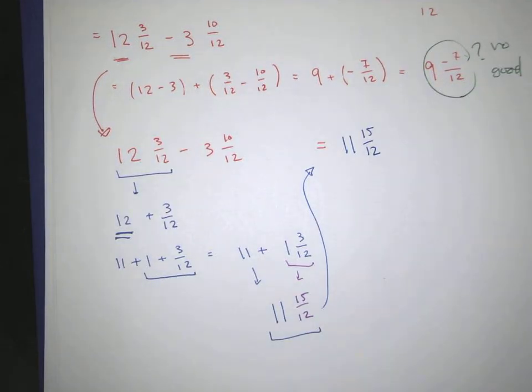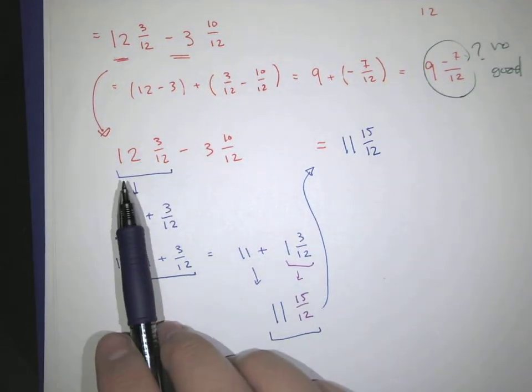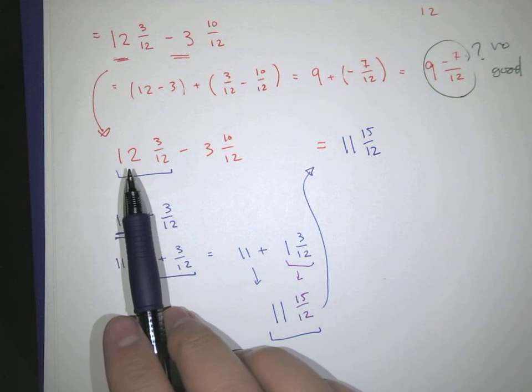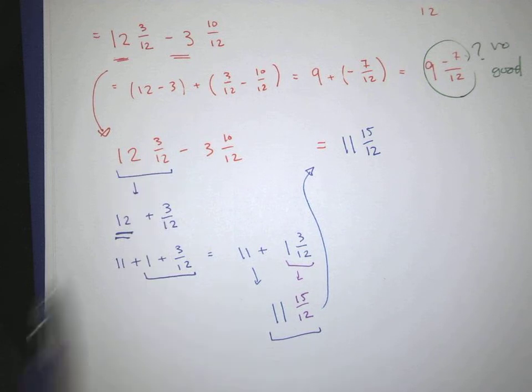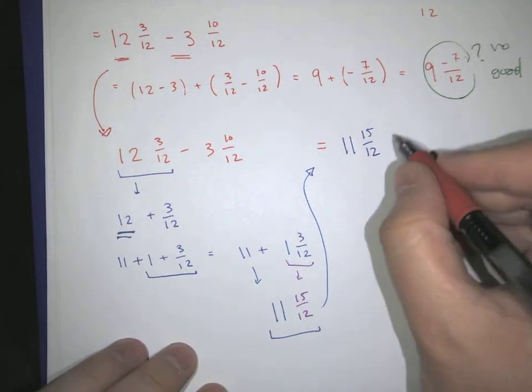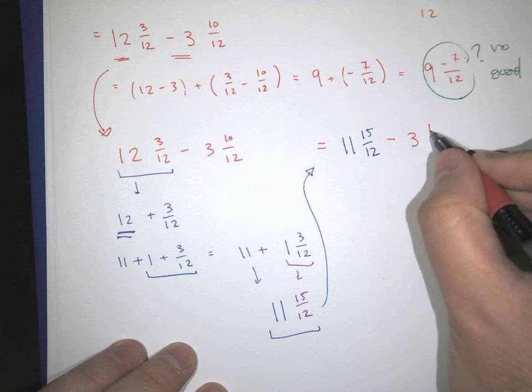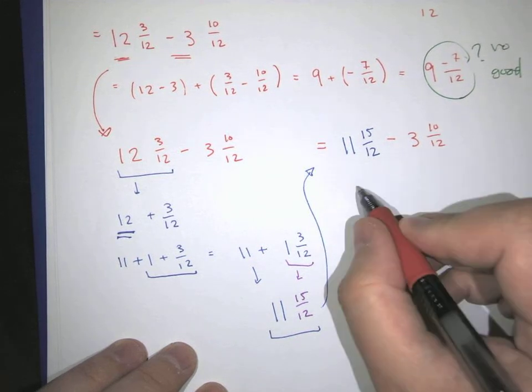If you think of this a little more quickly, what am I doing here? I'm taking one of my whole values, breaking it into 12s, that would be 12 over 12, adding it to the 3 that I've got. So 12 and 3 is 15. I'm then going to subtract away 3 and 10 over 12, just like I was doing before.